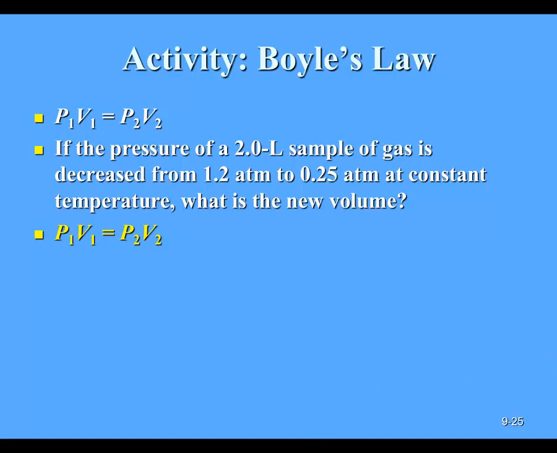Okay, so what I'm going to go ahead and do here is say, what is my pressure 1? Let me grab my pen here. Pressure 1 initially is going to be the 1.2 atmospheres.